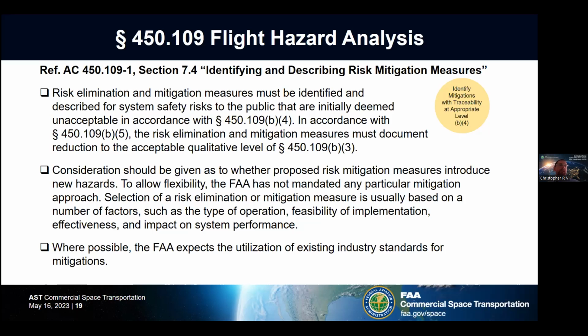Consideration should be given as to whether proposed risk mitigation measures introduce new hazards. To allow flexibility, the FAA has not mandated any particular mitigation approach. Where possible, the FAA expects the utilization of existing industry standards for mitigations.